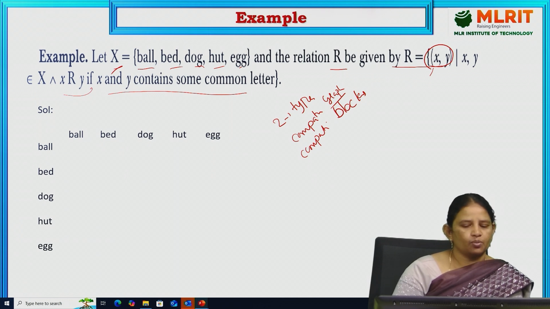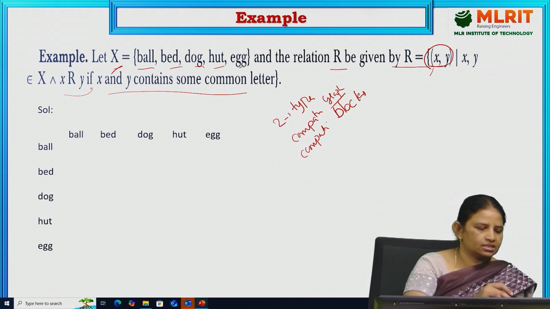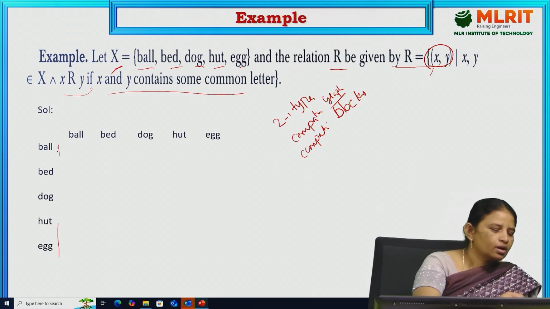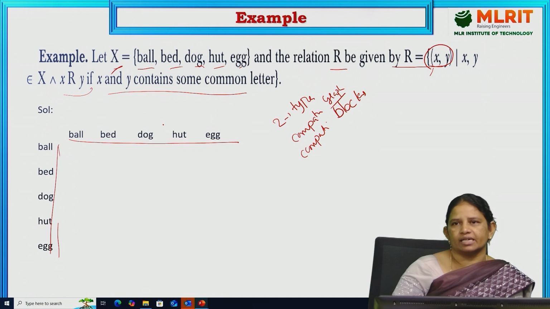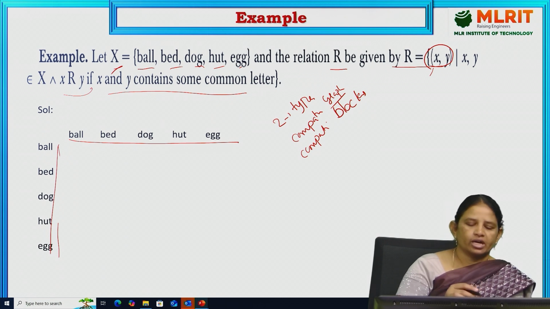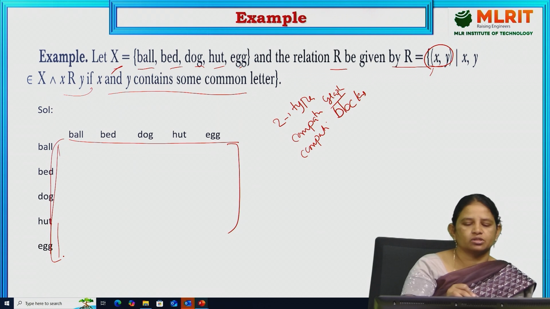The compatibility matrix consists of an x-axis as well as a y-axis, and both contain the set of elements. The matrix contains the values 1 and 0.